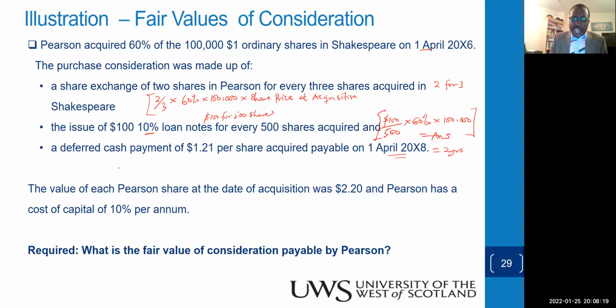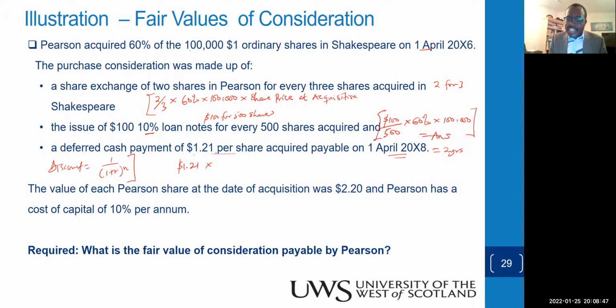So again, here we have the cash deferred. You remember your discount factor. Your discount factor will simply be 1 over 1 plus the rate to the power n, where n is the number of years, okay? So you get 1.21 times whatever deferred cash we are given per share.